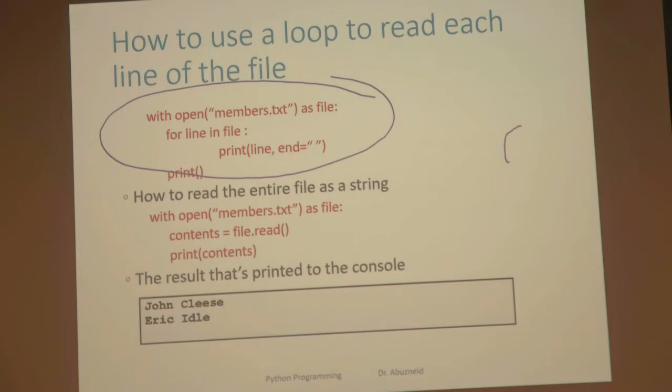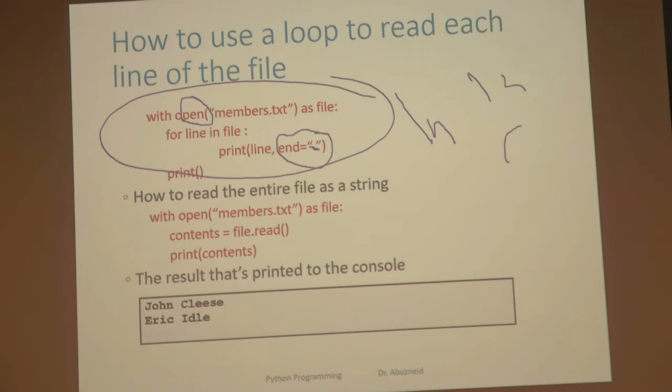So we opened the file, for line in a file, print line, and remove the end of line, which is \n, replacing it with nothing. So this is not a space. We're removing the \n from the end of the line with nothing, and then you print it. You loop through it.